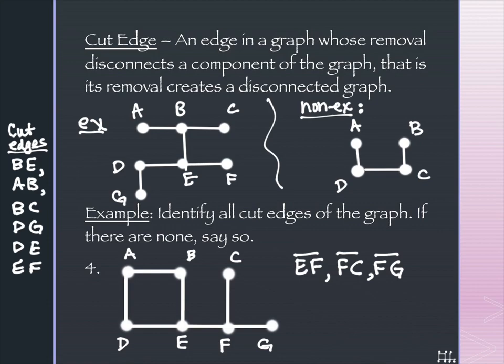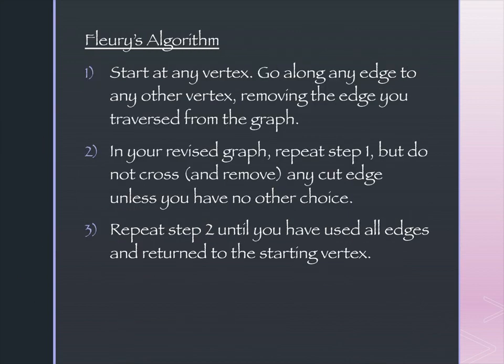Okay, the next one that you're going to write down has got a lot of writing. We've got a couple more with a lot of writing today. This is called Fleury's algorithm. So Fleury's algorithm says that you start at any vertex and you go along any edge to any other vertex. It's very generic. Lots of any's there, right? Start anywhere you want and go anywhere you want.